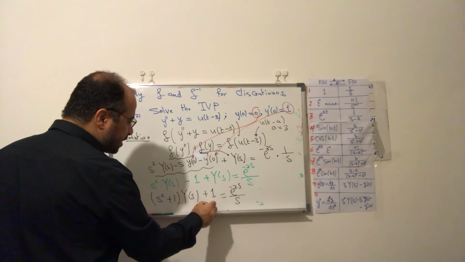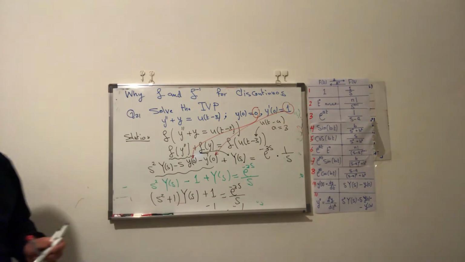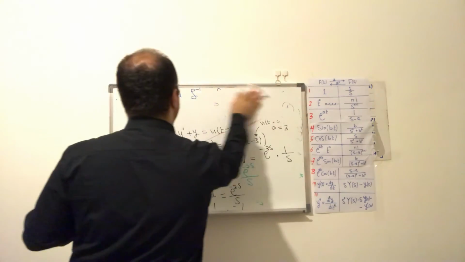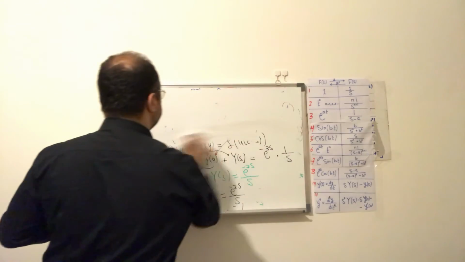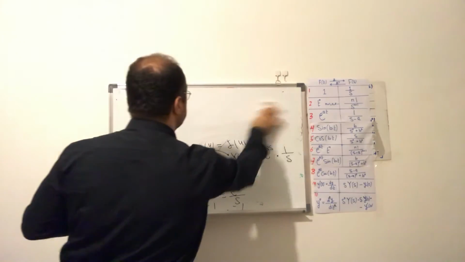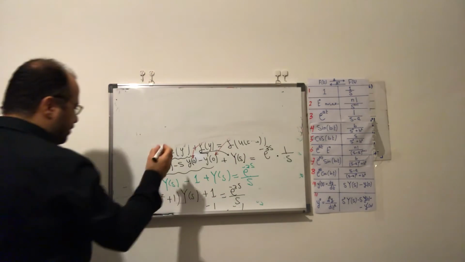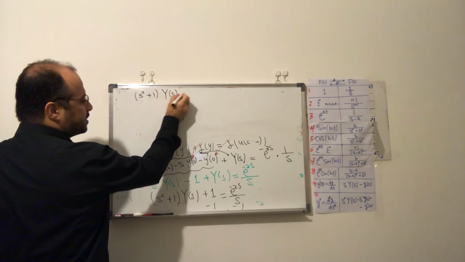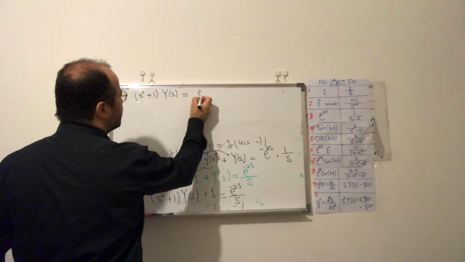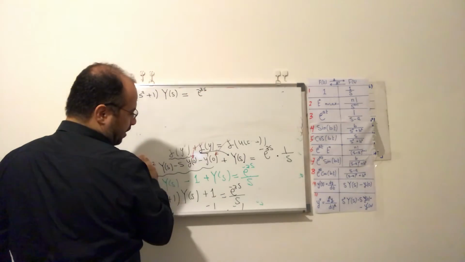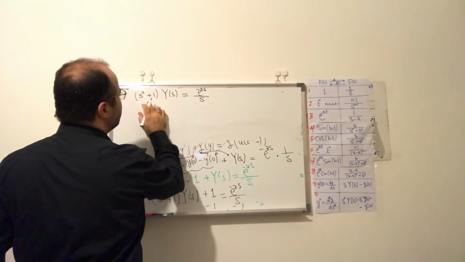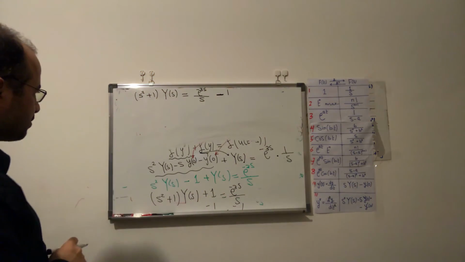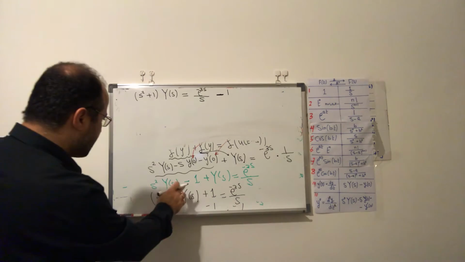The next step is subtract 1 from both sides. Then we have the following. We have s squared plus 1 times y big of s equal e minus 3s over s, and then we said minus 1. Is it minus or plus? I think it is minus 1.